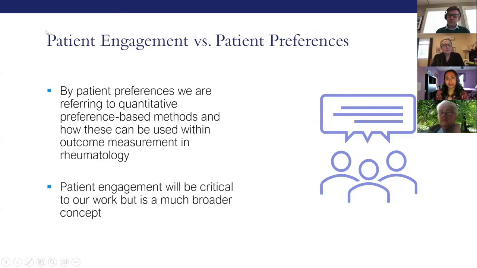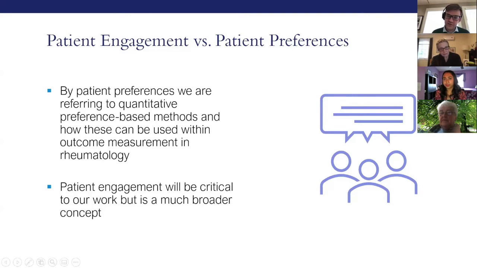I think this is a really clear distinction. When we're talking about patient preferences within the context of this group, we are being fairly focused on it, because we know that outside of this group, there's a lot of work that OMERACT does in terms of patient engagement. So by patient preferences, we're referring to those quantitative methods and how they can be used. Patient engagement is critical.